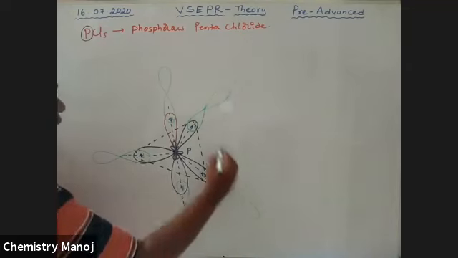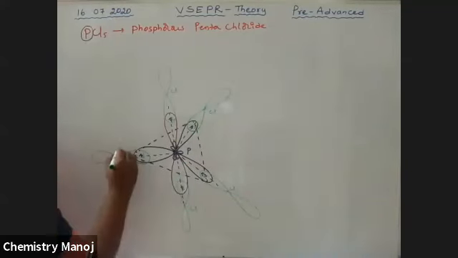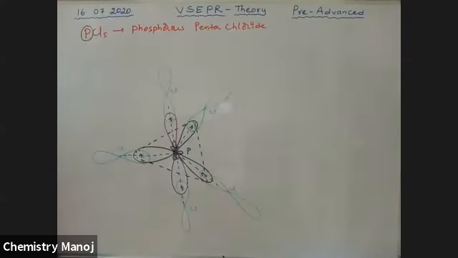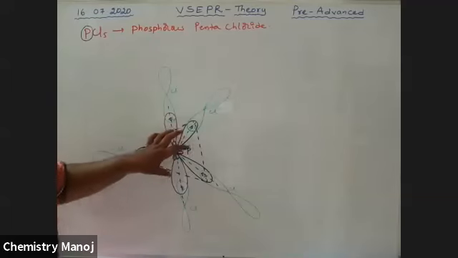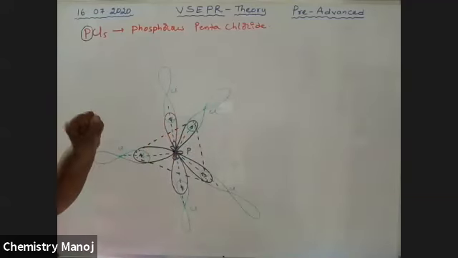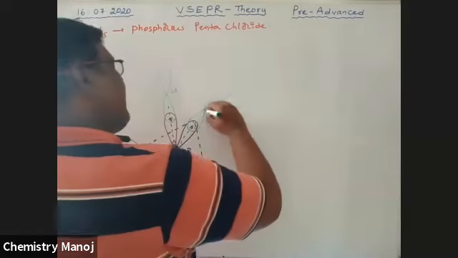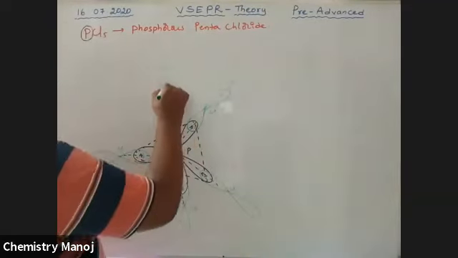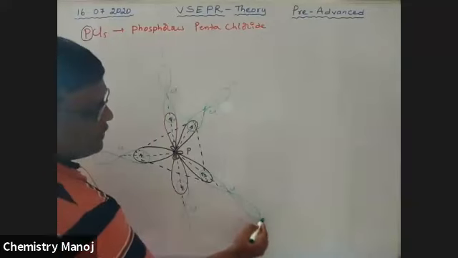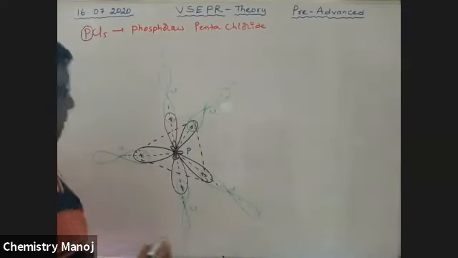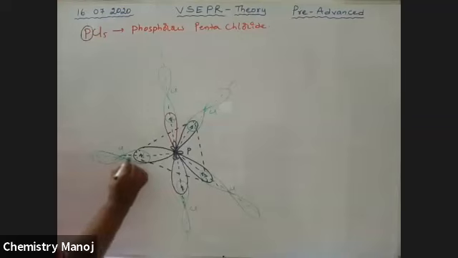These are from 5 chlorines. The hybrid orbitals from phosphorus undergo linear overlapping with them. This is the direction of the bond. These are the directions of the bonds.